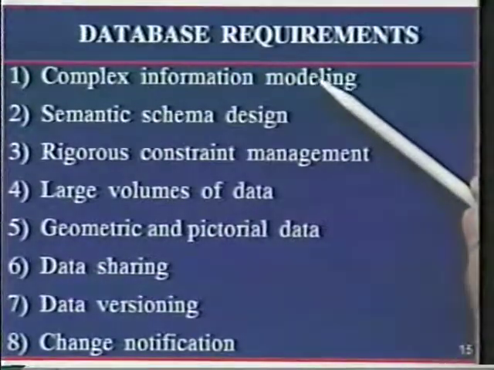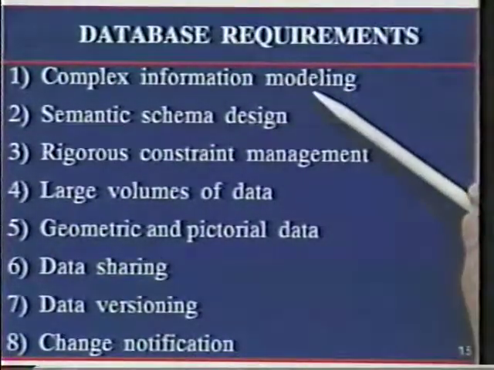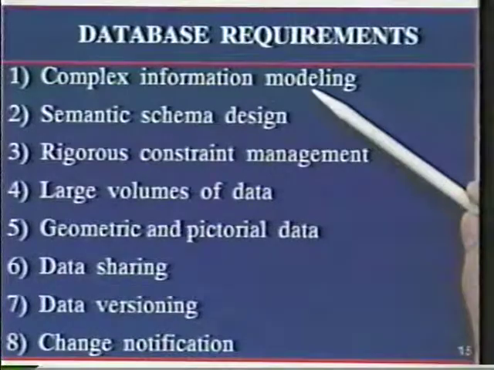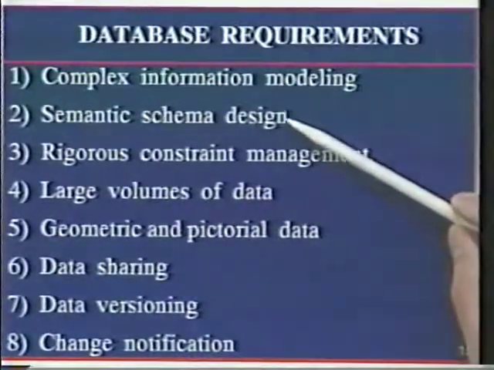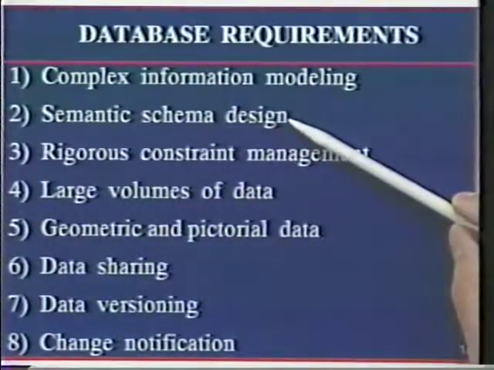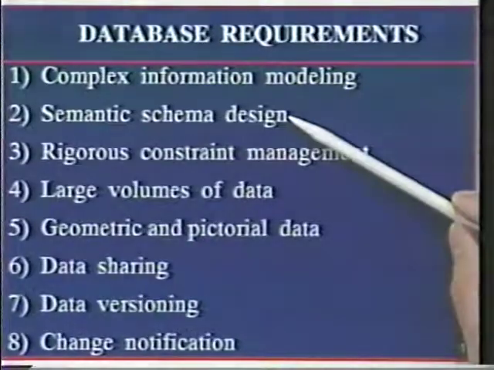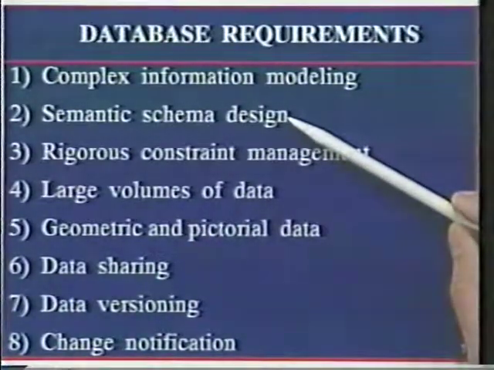First, we need it to support complex information processing. Second, because engineering objects have an inherent behavior and structure, and they are very rich, there is some semantics involved in there. The database system should support this semantic schema design.